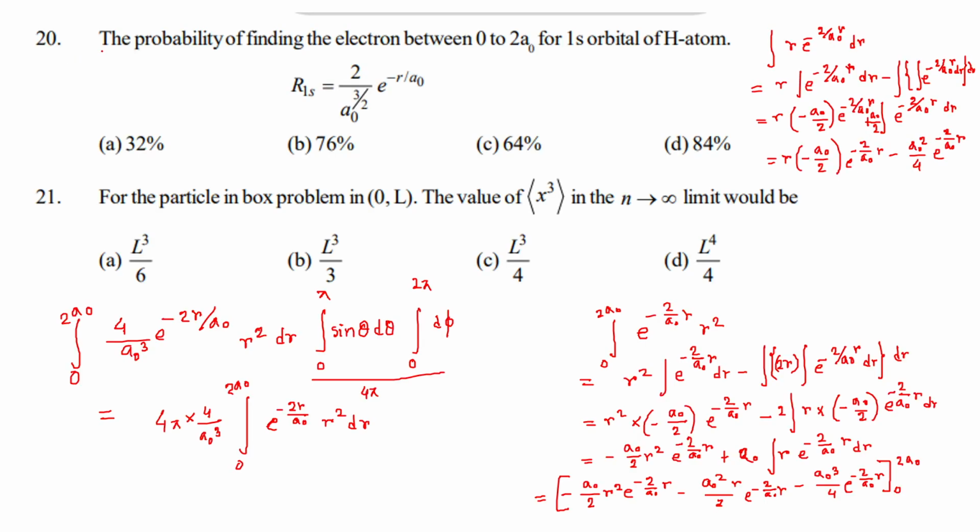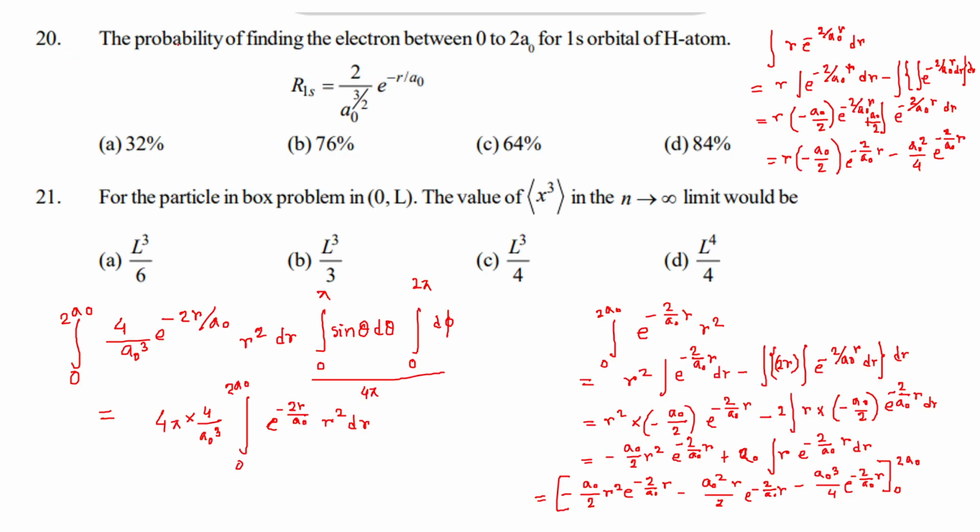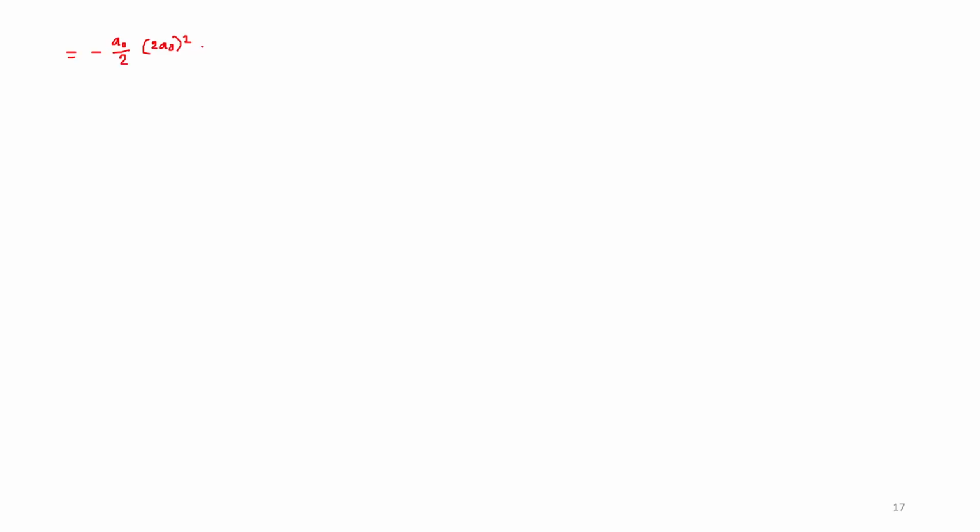I have minus A0 by 2 R square. In place of R square, I'm putting 2A0 square e to the power minus 2 by A0 into 2A0.